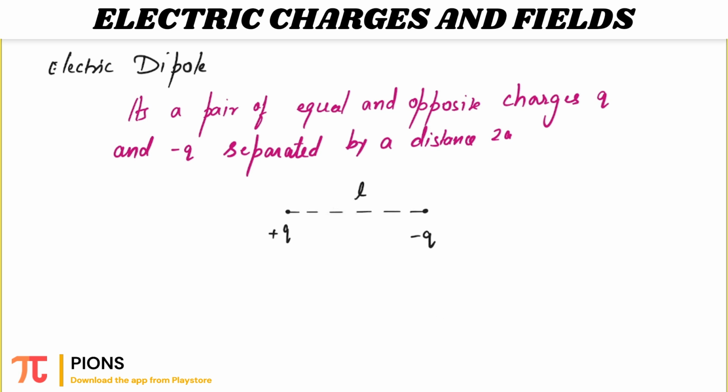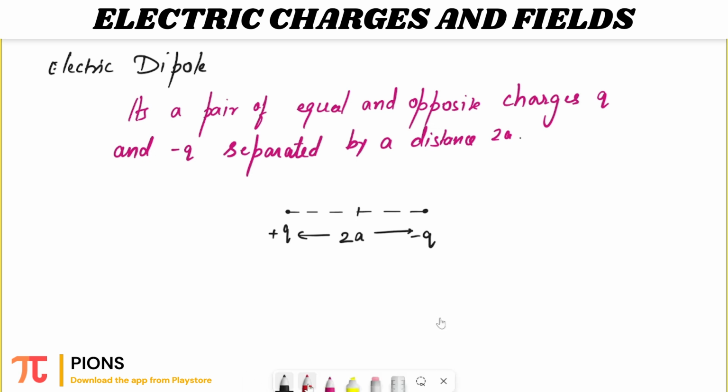You can also call it L, that's also fine, 2a or L. But we usually take it as 2a because when you measure from the midpoint, this gap becomes a and this gap becomes a, instead of writing a by 2, a by 2. Exactly. So instead of making L by 2, L by 2, we just take the whole thing as 2a, so that when you want the separation from the midpoint, it is exactly that.